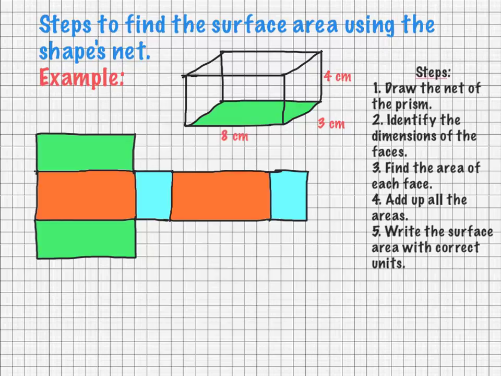To start with the green face, which looks like the bottom, the dimensions are 8 centimeters by 3 centimeters. So the green face has a dimension of 8 by 3. Next, we will move on to the right side.